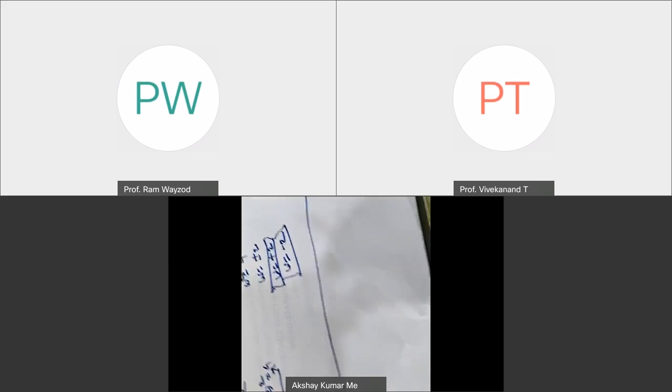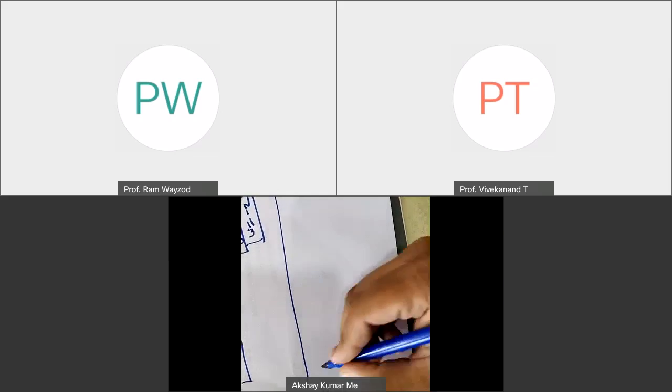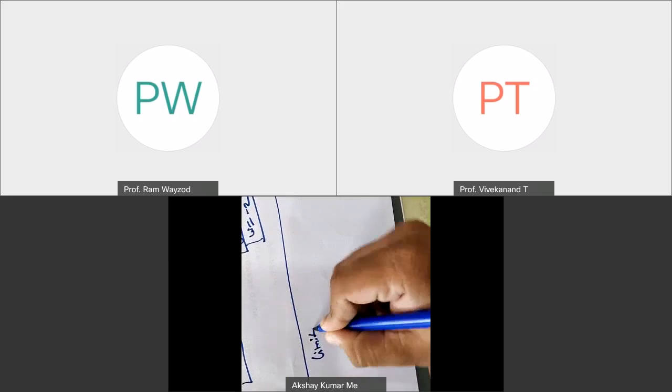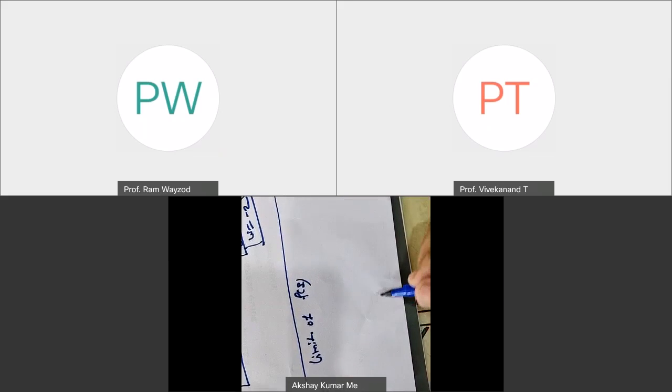Next, the limit of a complex function f of z.